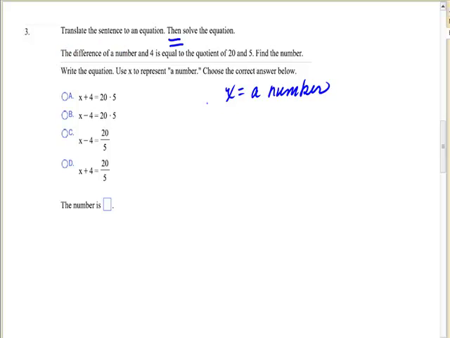The difference of, that means I'm going to be subtracting a number, x, and 4, there was no reversing, equals the quotient of, quotient is divide, 20 over 5. It matters the order that you put that. Whatever it mentions first goes on top, and whatever it mentions second goes on bottom.